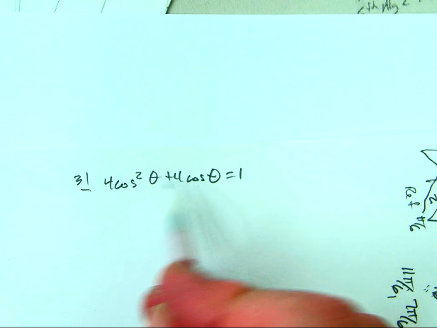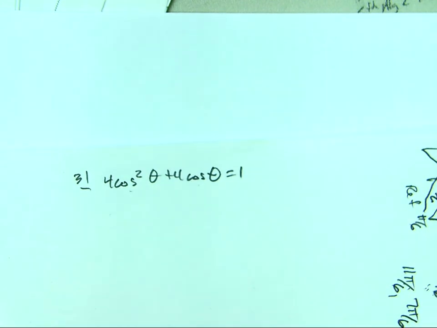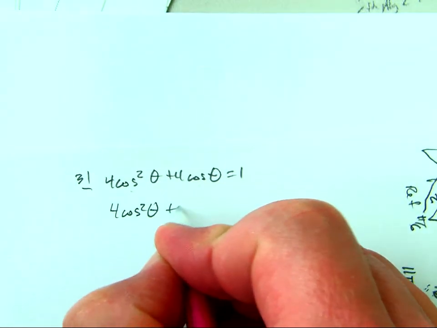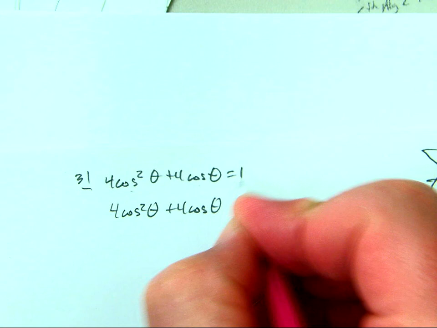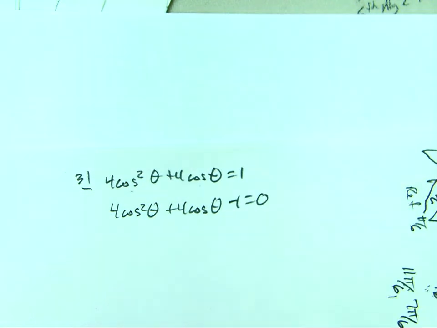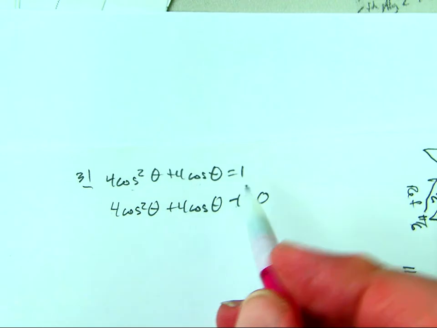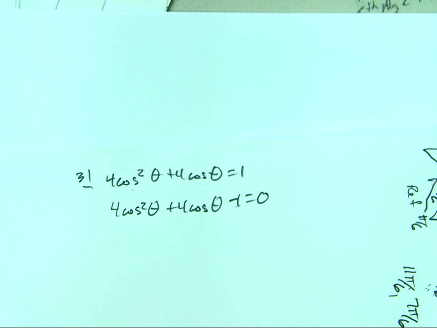Well, there's a cosine and a cosine squared, so more than one, so we need to get it equal to 0. So let's move the 1 to the other side so it looks like that. Now if you look at this, I see a squared, a single, and a constant. So you think, when we go to factor it, that's a quadratic. Unfortunately, it just doesn't factor.